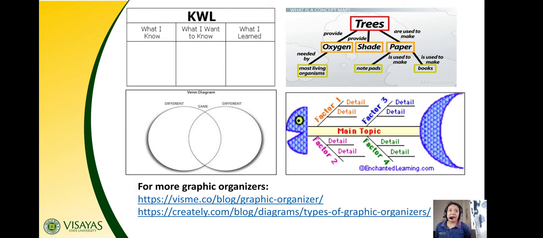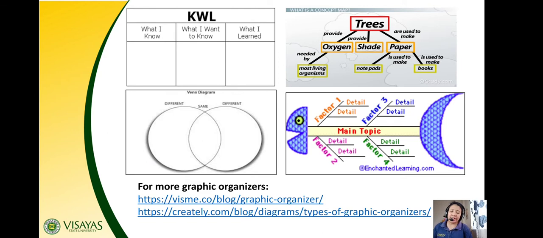So, for example, we need to differentiate living and non-living things. Ilalagay natin sa magkabila kung ano yung characteristics. Sa kabila, characteristic ng living, and sa kabila, characteristics ng non-living. Then, sa same naman, they are both components of the ecosystem. So, that's a Venn diagram.